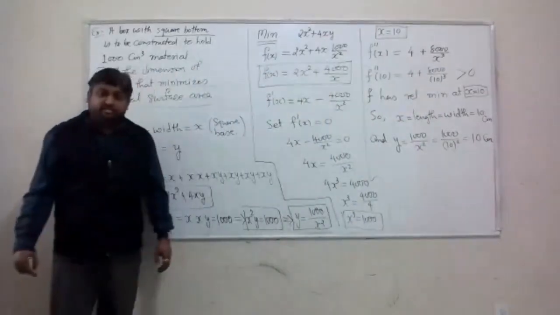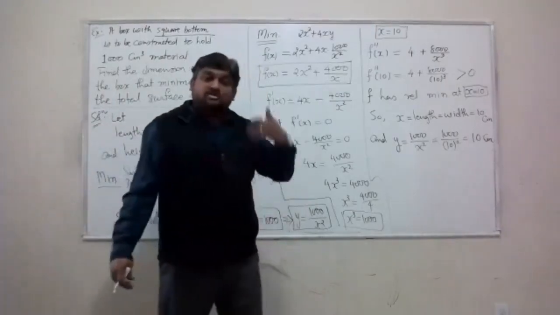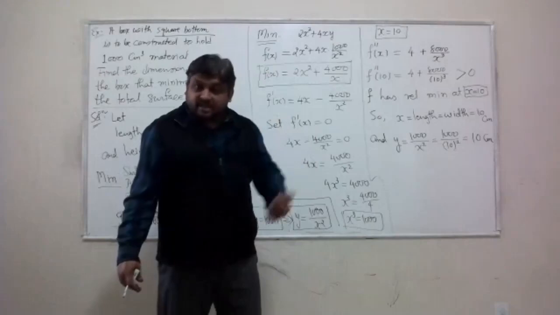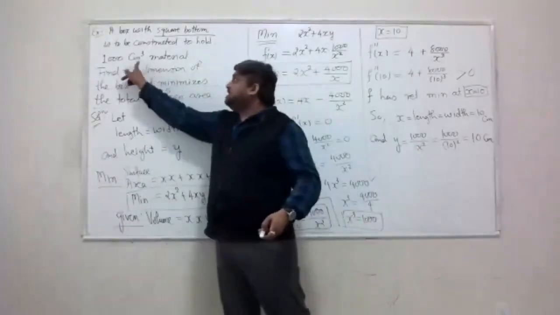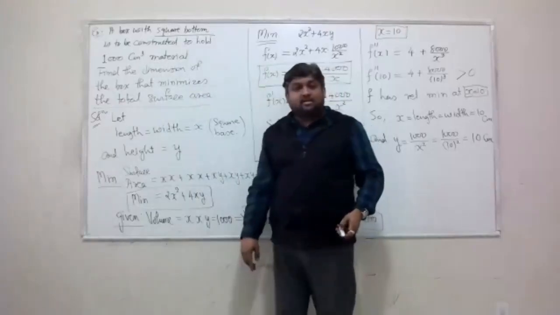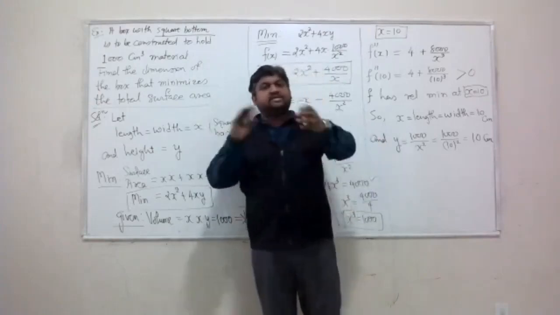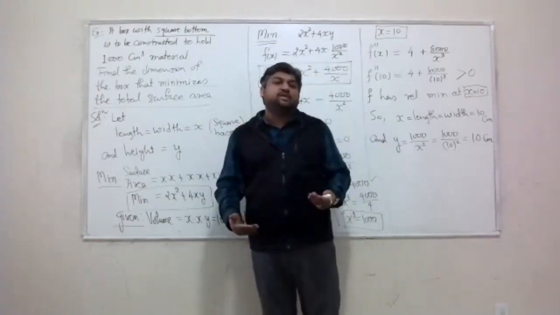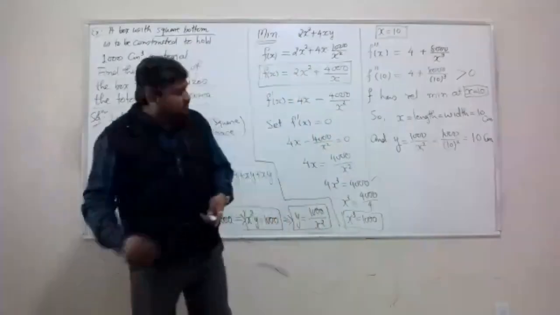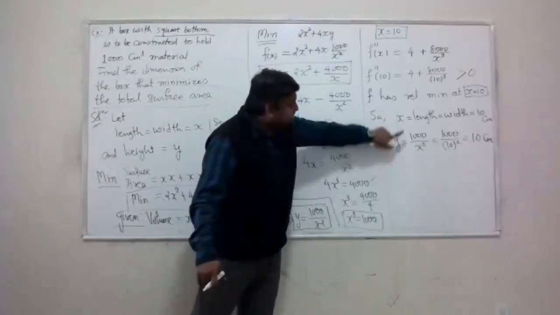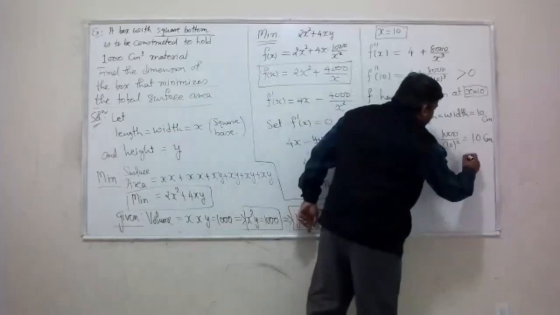So we are saying that if we choose to make a square box, with height, length, and width exactly the same, then it will hold 1000 cubic centimeters of material, and the production cost will be minimum. Surface area is minimum means production cost is minimum because less material will be used to create such a box. So these are the dimensions: length and width are 10 centimeters and height is 10 centimeters as well.